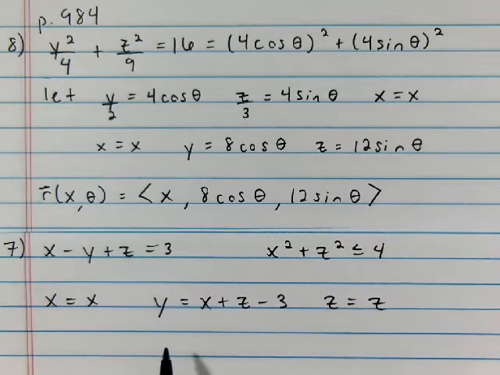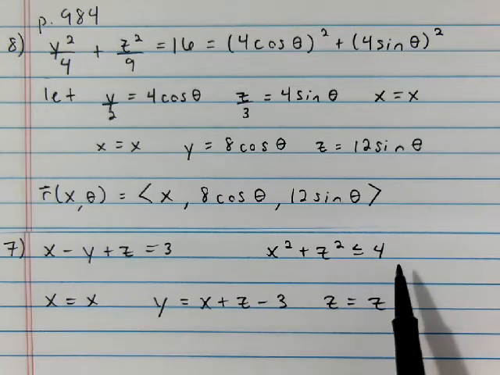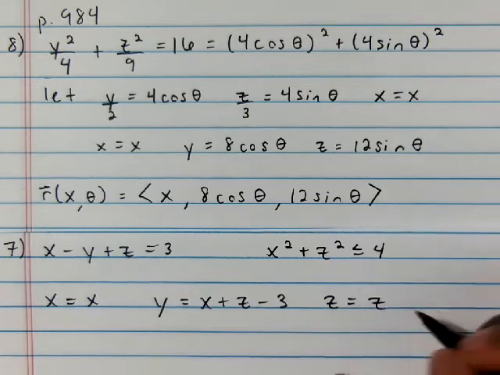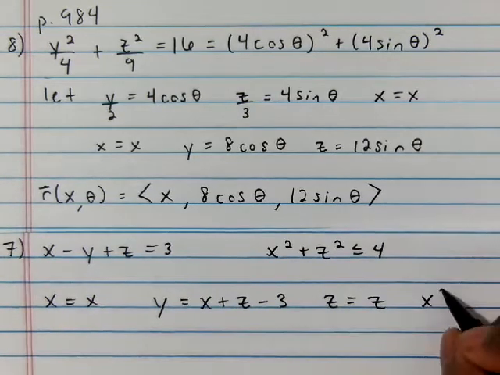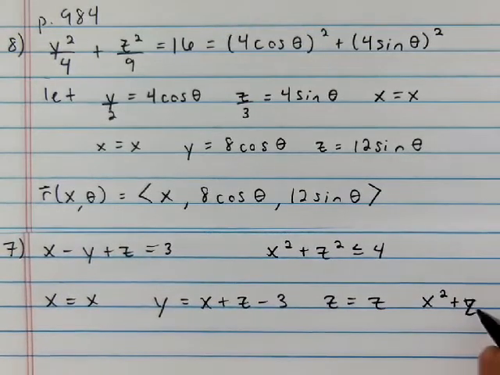All right, so we were able to use our favorite parameterization because we could solve this thing for y. But now we have to keep in mind that this is the first example we've encountered where there are actually some bounds on our parameters. Before, our parameters were able to just run free, but now x squared plus z squared has to be less than or equal to 4.